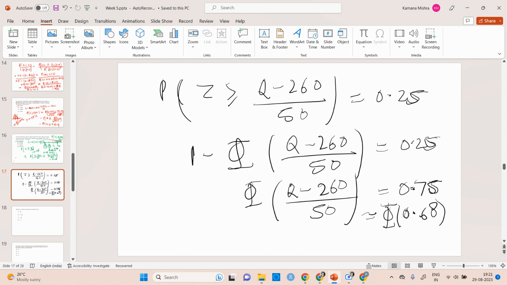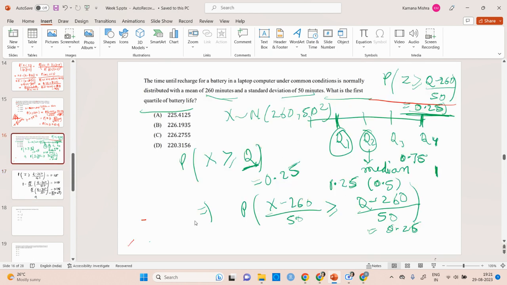So now all you need to do is write (q minus 260) by 50 as 0.68, and then you will find the value of q. That q will be the answer, and the answer is 226.28, something like this.